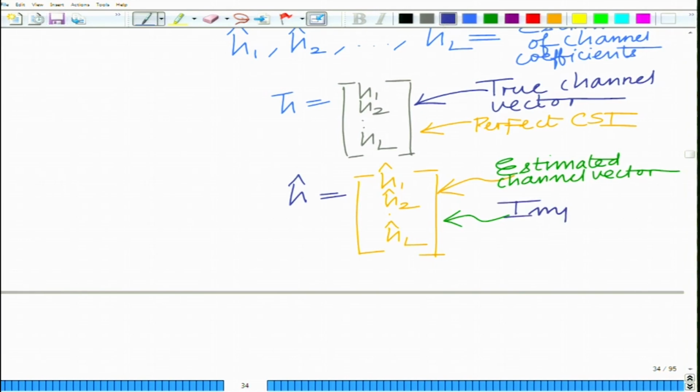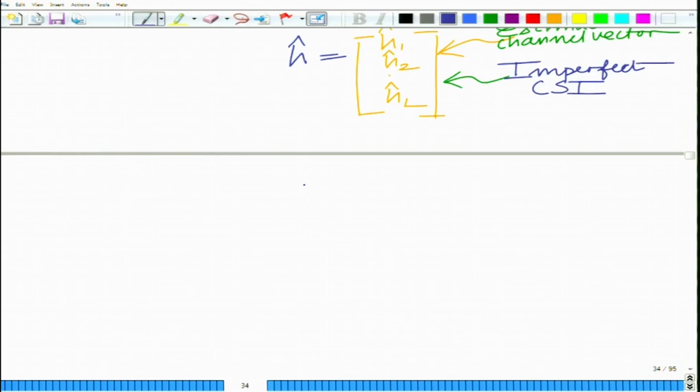Okay, this is known as imperfect CSI. Now, we know that this imperfect CSI is close to the actual CSI, that is, H hat, the estimate, is close to H bar, but it is not exactly equal to H bar.